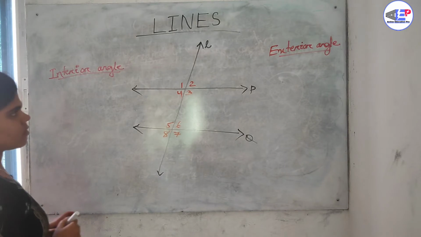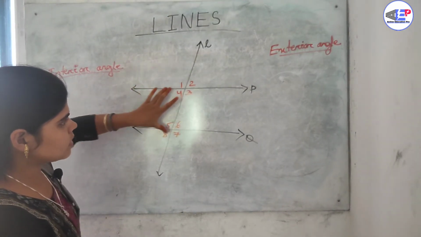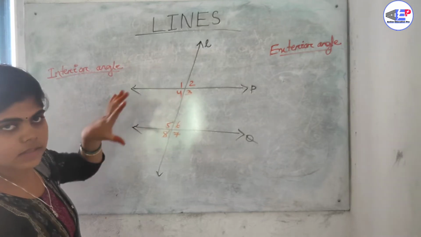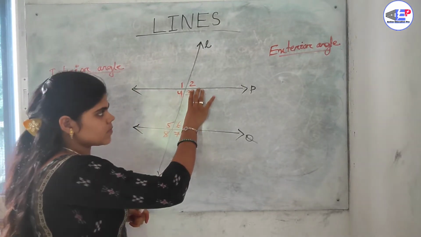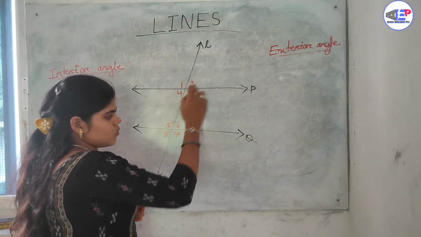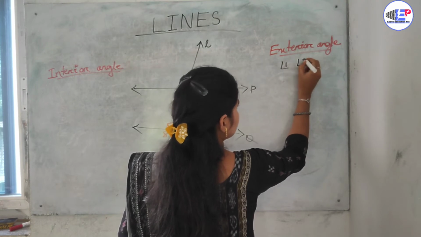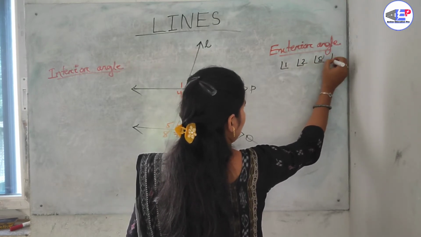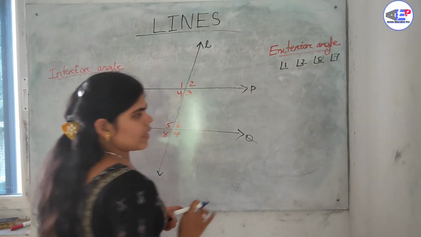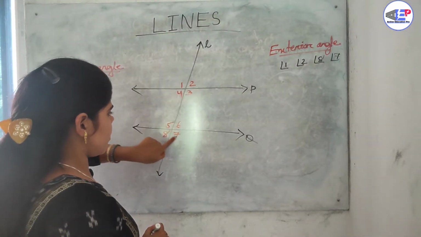Exterior angles are the angles present outward of this pair of lines. There are two lines, meaning a pair of lines. Outward means this 1, 2 and 8, 7. These four angles, 1, 2, 7 and 8, are exterior angles.